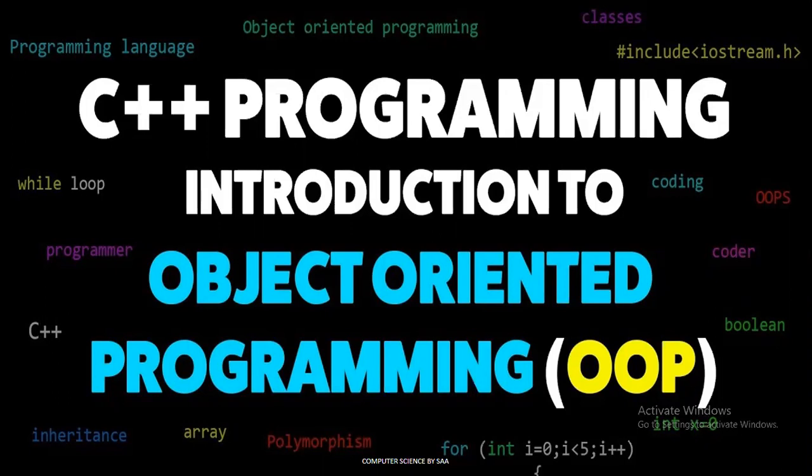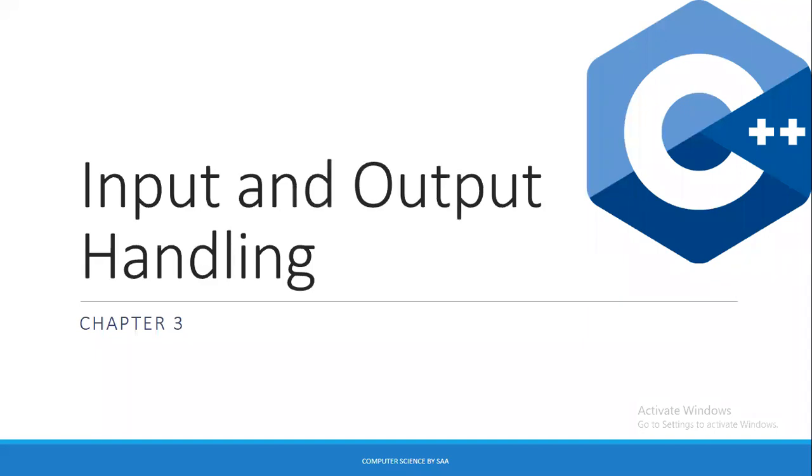To enter those numbers and values into the programs, we use some input functions, and to display the messages on the screen, we use some output functions. The use of those input and output functions is known as input and output handling, or in short, we call it I/O handling.